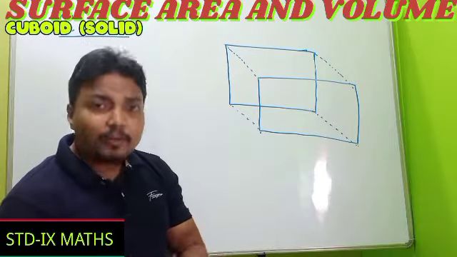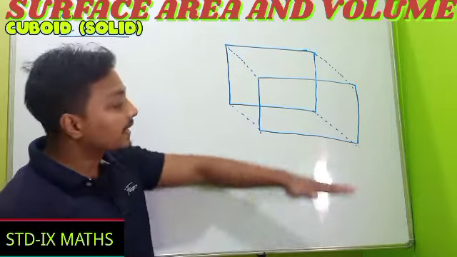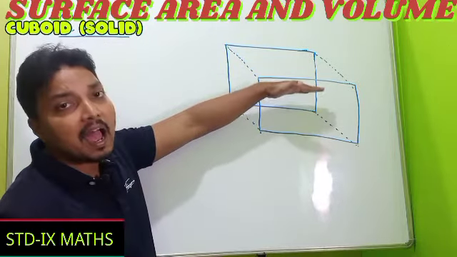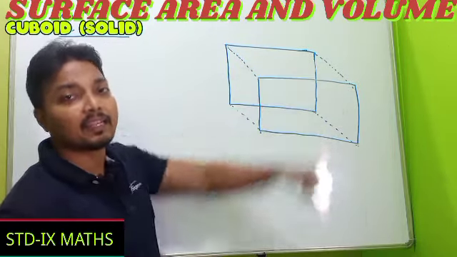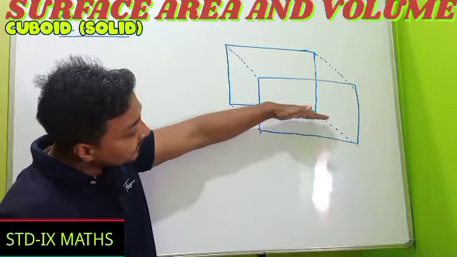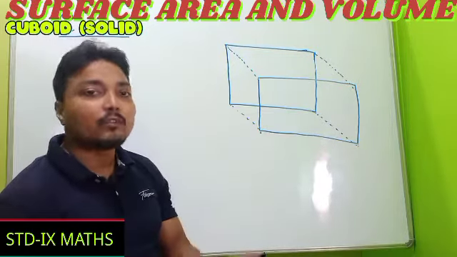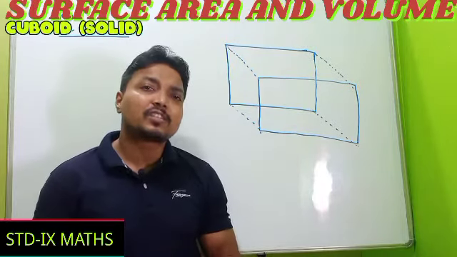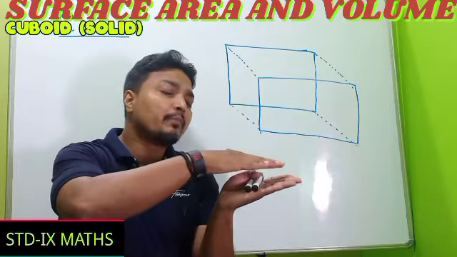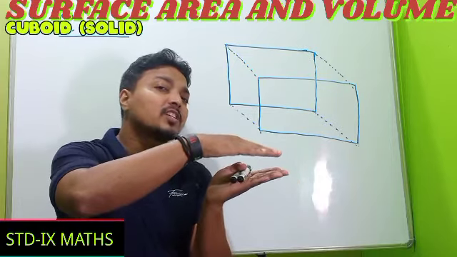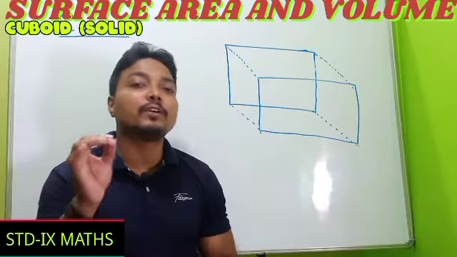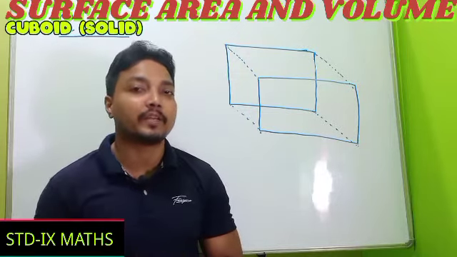Otherwise, in another way you have to remember, whenever rectangle, rectangle, rectangle, all of equal size, we are making one stack, just like Parle-G biscuits. Suppose I am keeping 3 Parle-G biscuits stacked over one another. This is the structure of a cuboid.